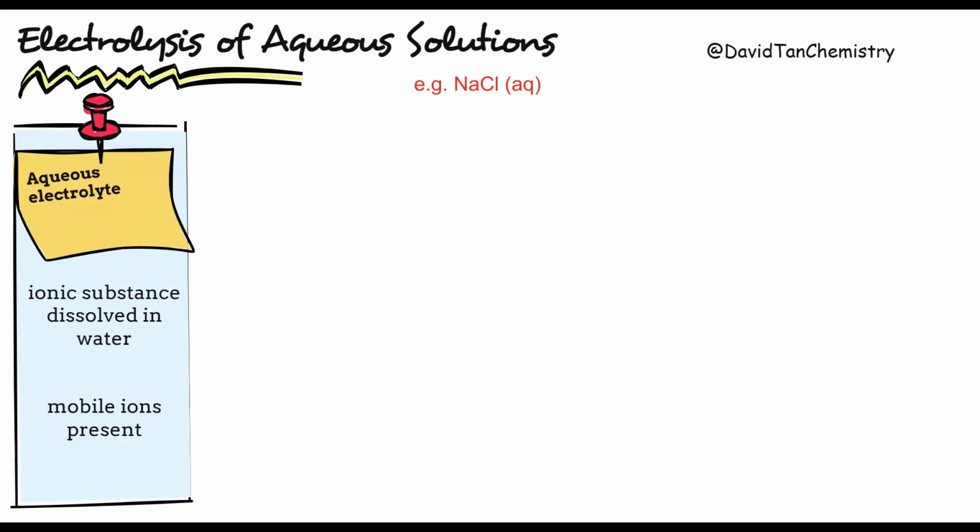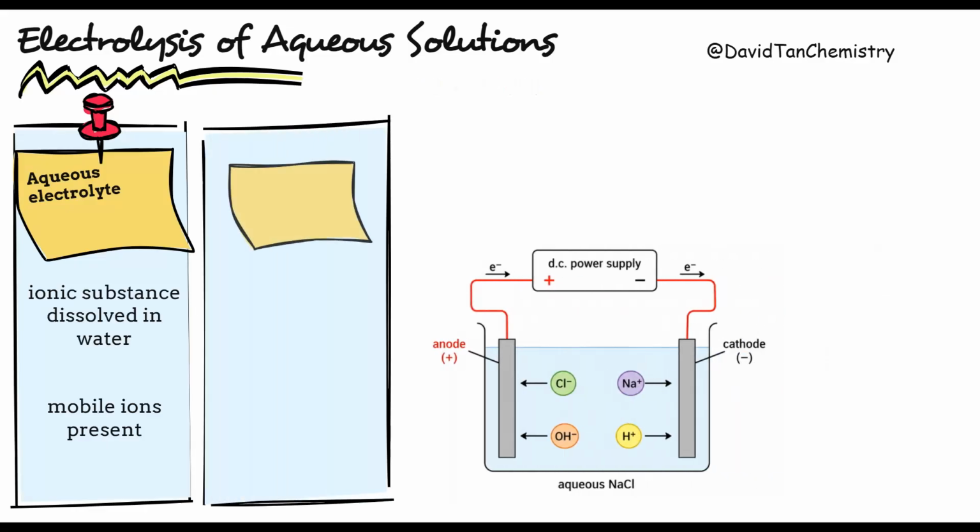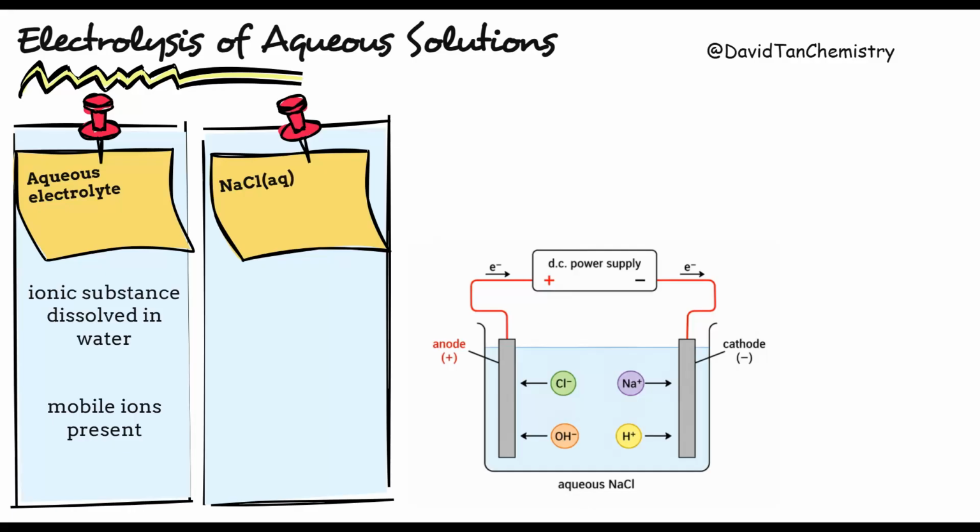Let's identify the particles that must be considered in aqueous sodium chloride. The dissolved sodium chloride provides Na+ ions and Cl- ions. At O level, we also consider H+ ions and OH- ions associated with water.